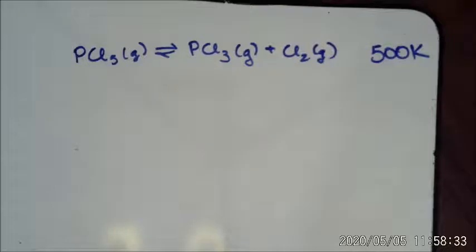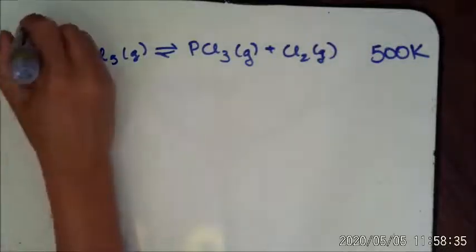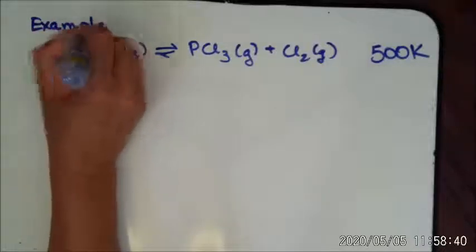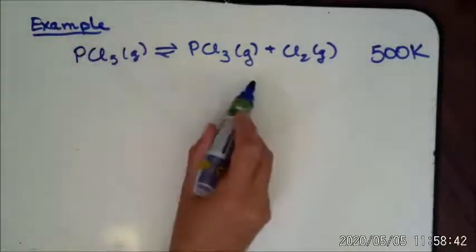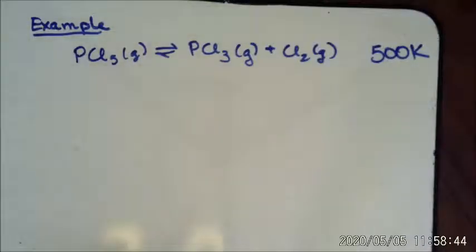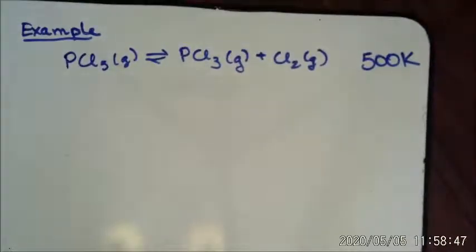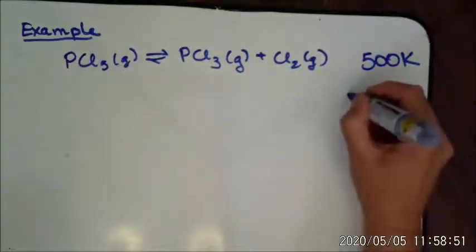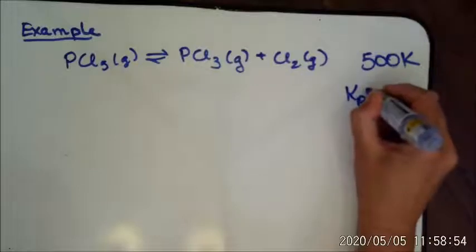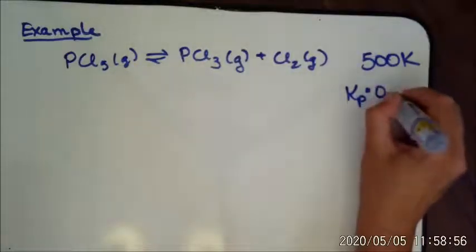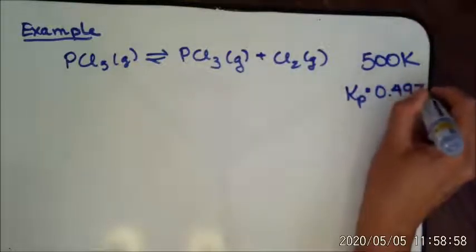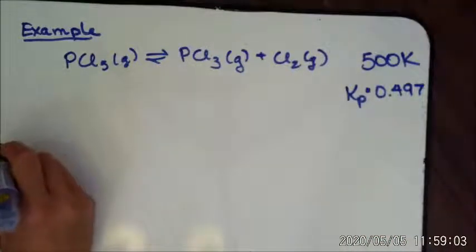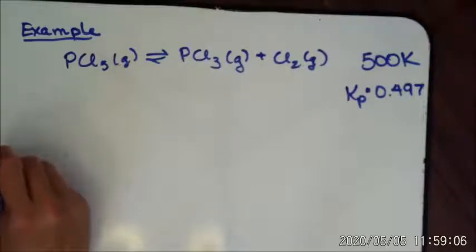Okay, so let's do one more example. And what we're going to do is we're going to get the equilibrium concentrations of each of these gases in this equilibrium reaction. So we are given that Kp is equal to 0.497, okay? And we also have our initial pressures.